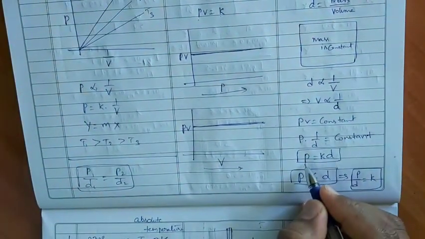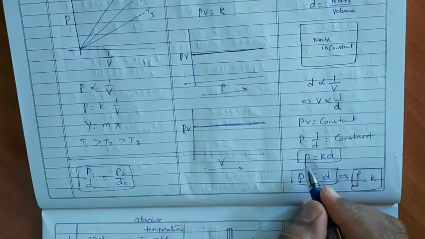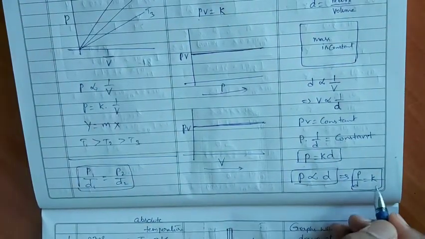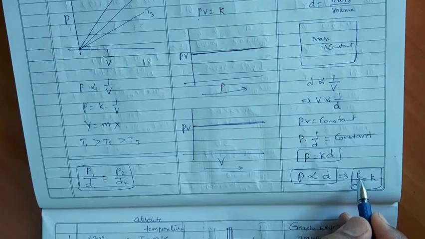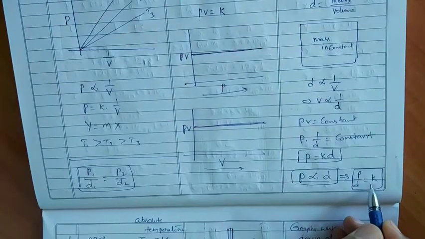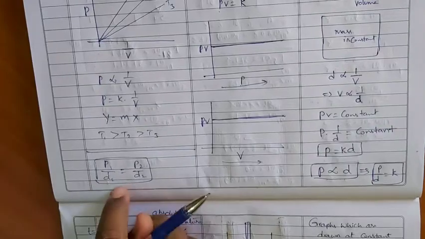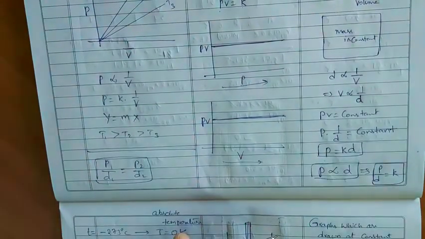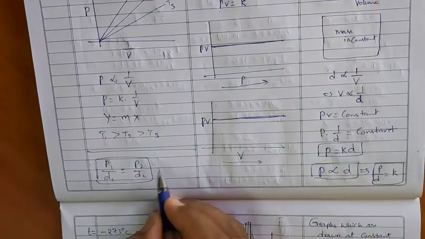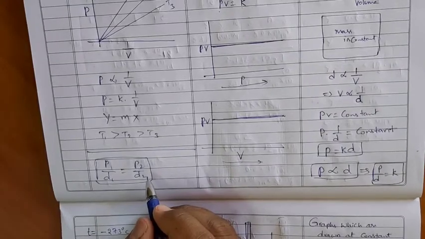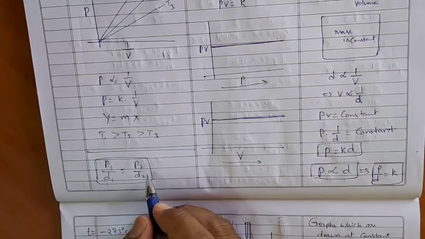I am bringing this D down, it will be coming to denominator. Then P by D is equal to constant. When P by D is equal to constant, P1 by D1 is equal to P2 by D2. This is one more useful formula, that is the relation between density and pressure.